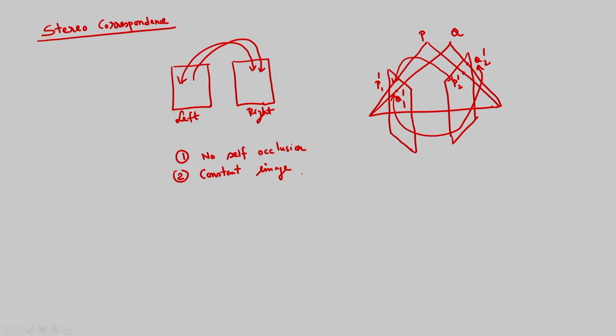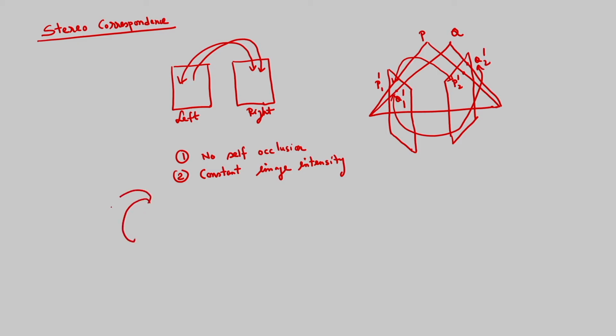If the image intensity is constant, then it is very difficult to find the correspondence between the points. Suppose I consider a flat object, or a non-textured object, or a white object, or uniform brightness, then it is very difficult to find the correspondence between the points. I can give one example of self occlusion, something like this.